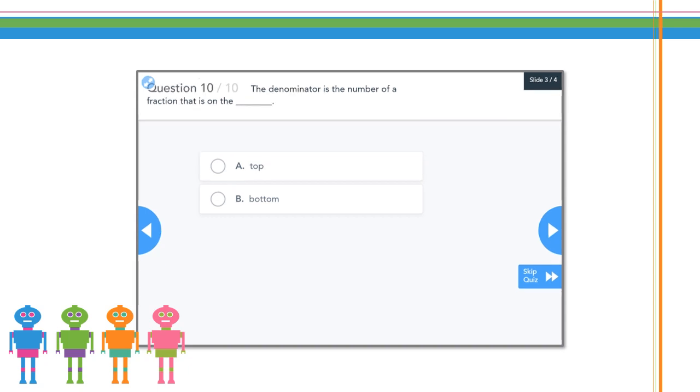And question 10, the denominator is the number of a fraction that is on the top or bottom. Well, if my numerator is on the top, then my denominator is on the bottom, and my denominator tells me how many equal parts it takes to make 1 whole.